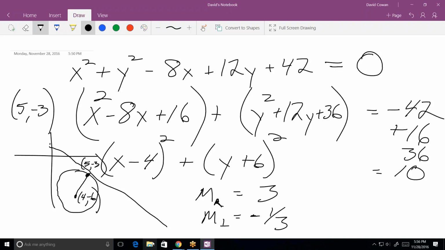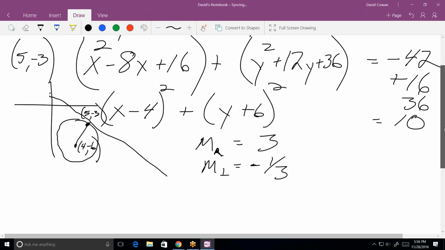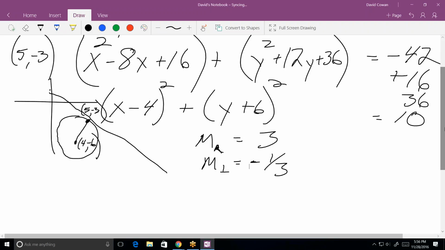Now, we can put it directly into the equation of that line using point slope. I know a point that's on that line, it's 5, minus 3, and I know the slope of that line. That's why it's called point slope. If you know the slope and one point, you can come up with the equation of that line. So what's it going to be?